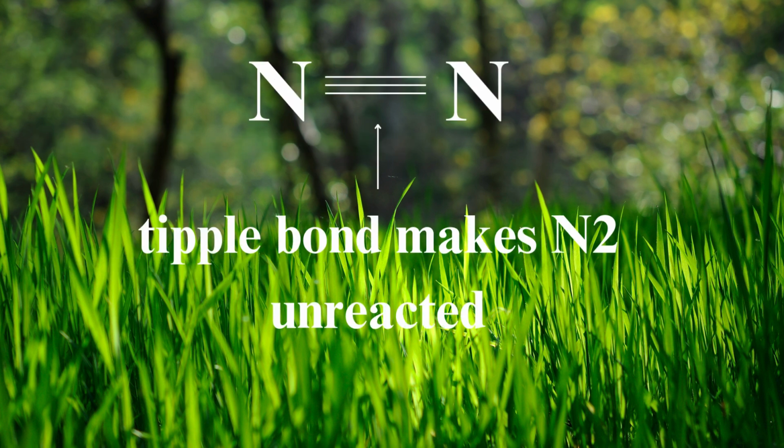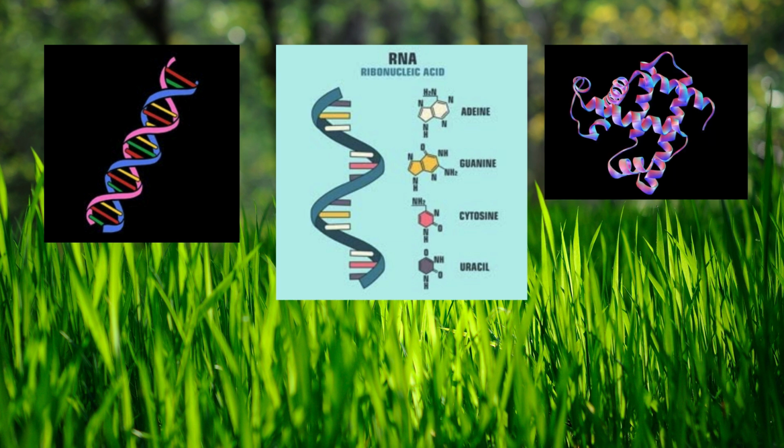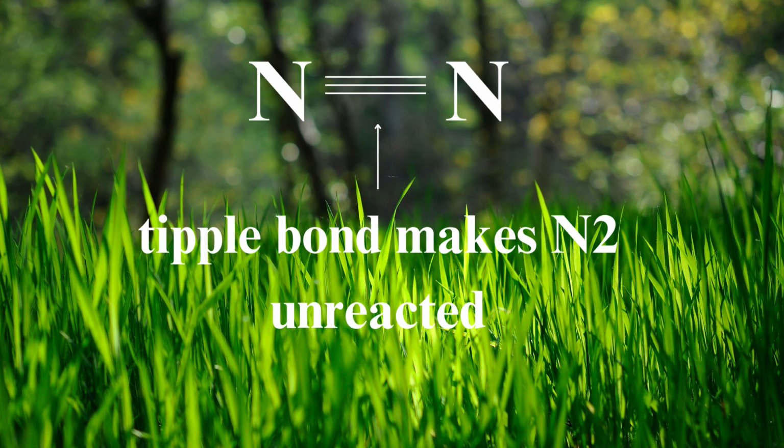The three bonds between the nitrogen atoms in N2 make it very hard to break apart. So you can't do any reaction to make DNA or RNA or proteins or anything else. The nitrogen atoms are essentially superglued together.